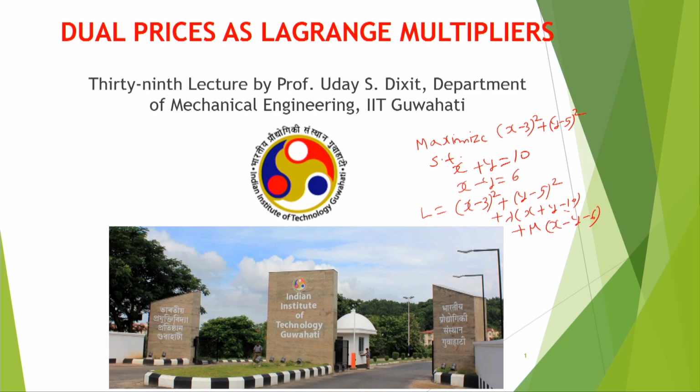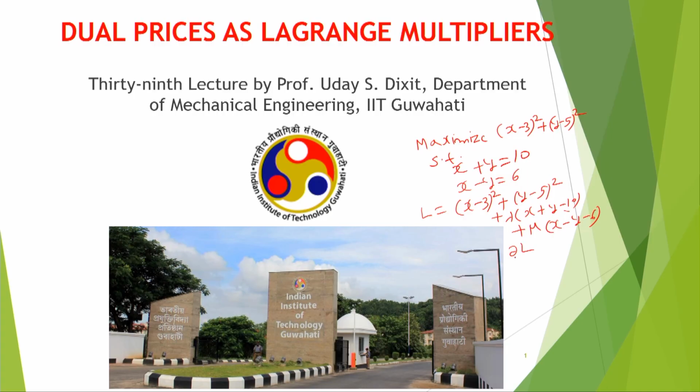Then in order to optimize it, maximize it, you can put the necessary conditions: del L by del x equal to 0, del L by del y equal to 0, and then del L by del lambda equal to 0 and del L by del mu equal to 0.